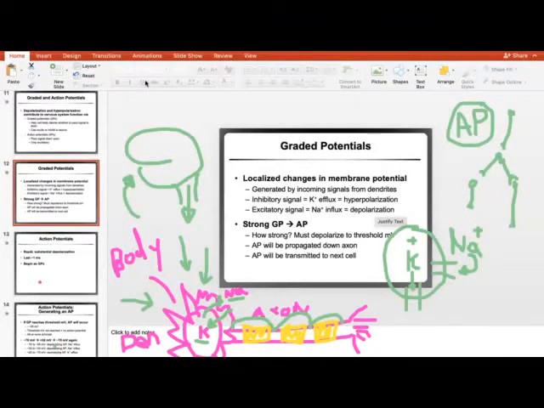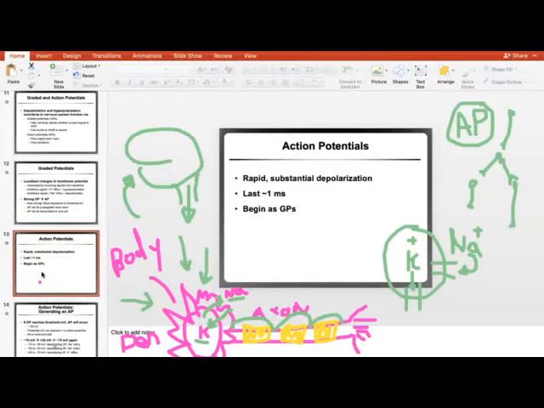So a graded potential is a change in the negative 70 millivolt polarized status of that cell body, but it's not strong enough to propagate a complete action potential. An action potential is a large, very quick depolarization of that cell body, and that depolarization is going to go very quickly.